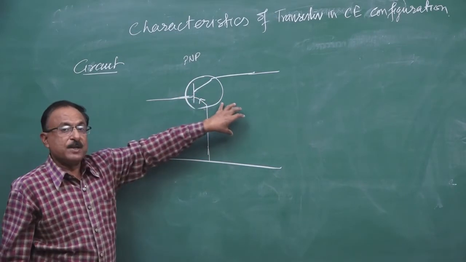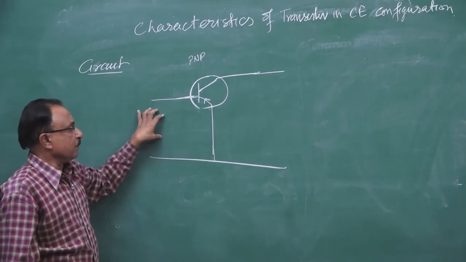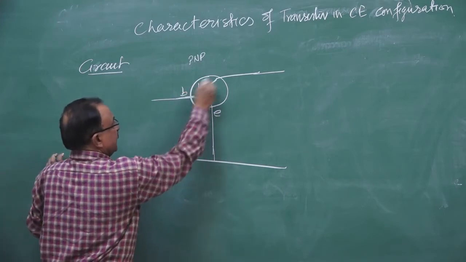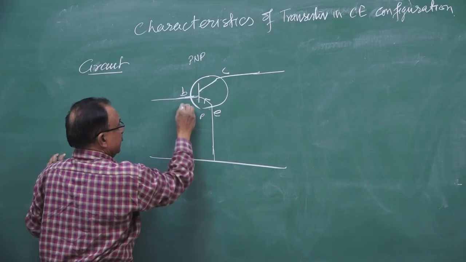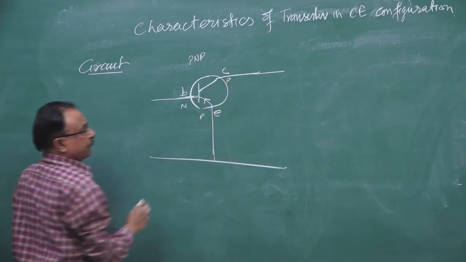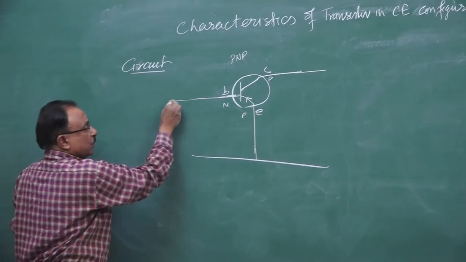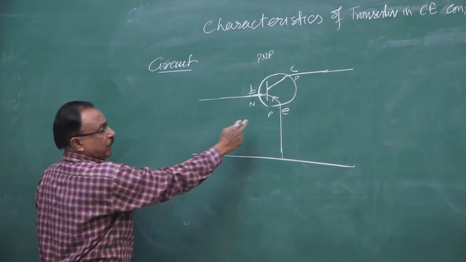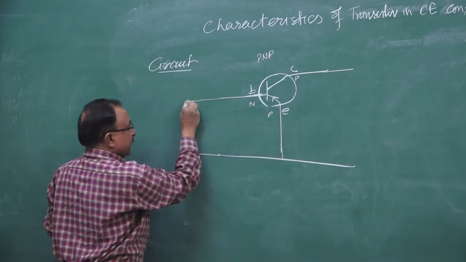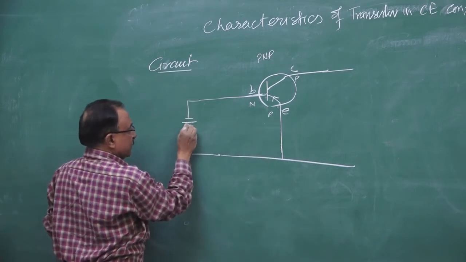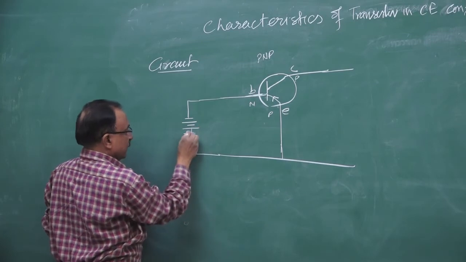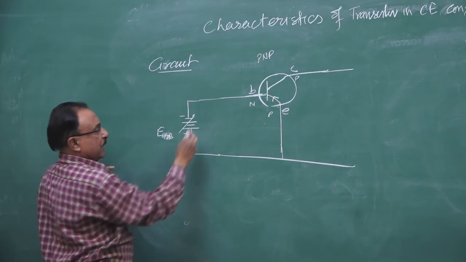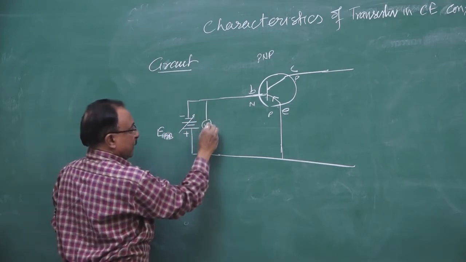Now we connect the battery on both sides, input side and output side. This is PNP: emitter P, base N, collector P. I told you that the emitter must always be forward biased. So the emitter must be connected with the battery positive to the P and negative to the N. This is the base biasing voltage and we measure it with a voltmeter.